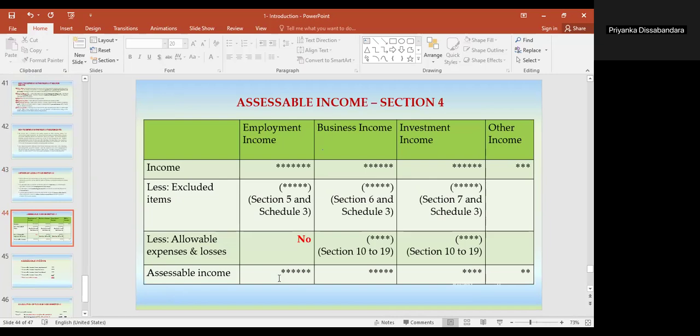Okay. So I have explained about the sources and now we are moving to calculate the assessable income.